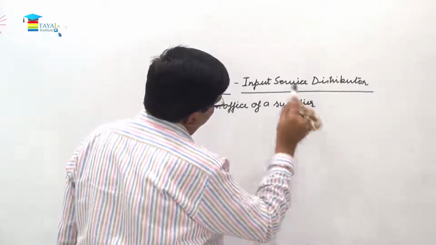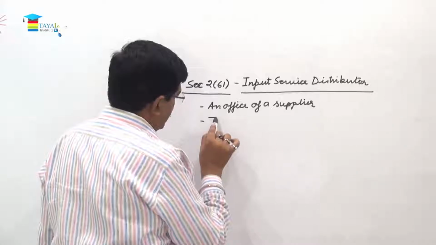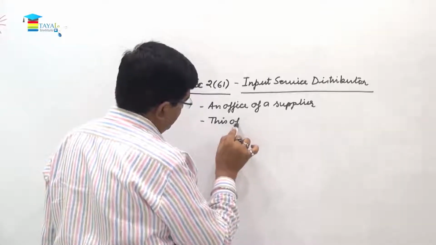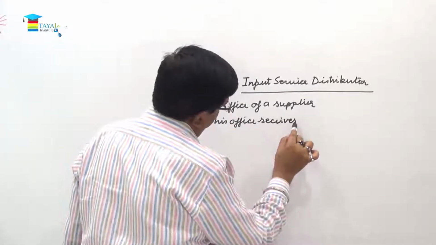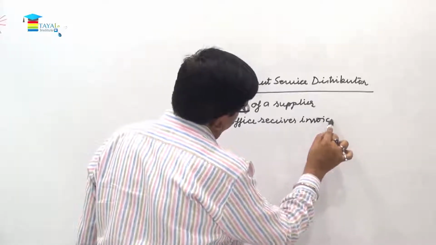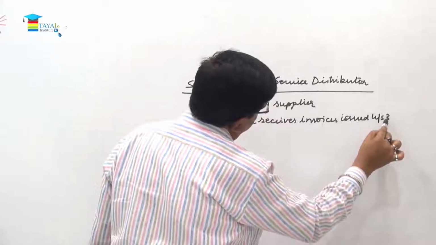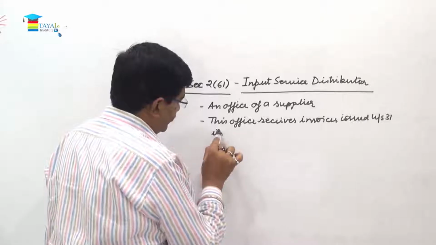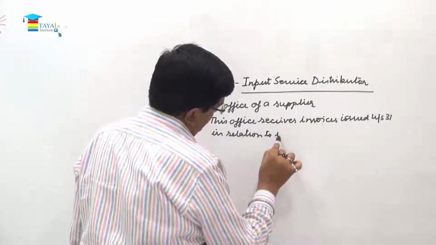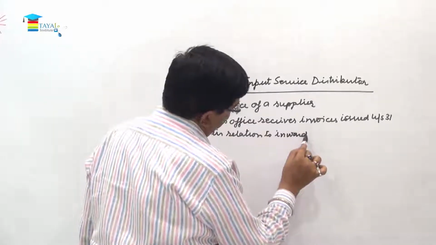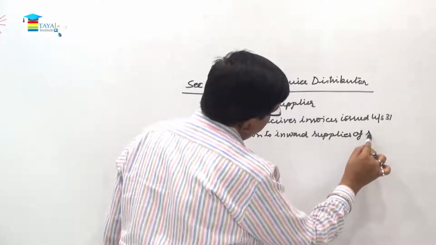Now this supplier may be of goods or services, and this office receives invoices issued under section 31 in relation to inward supplies of services.